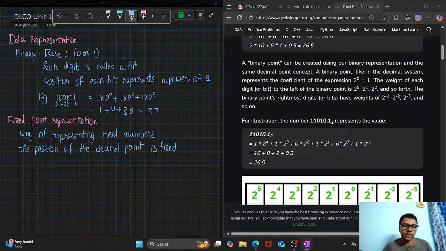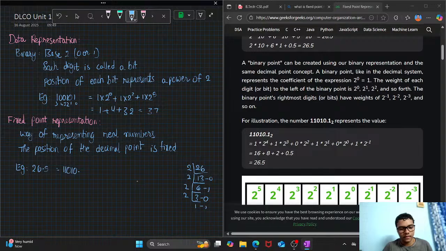Let's take an example: 26.5. How do you do this? We use the traditional way. I hope you have learned this in B.Tech. 26 divided by 2 is 13, remainder 0. 13 divided by 2 is 6, remainder 1. 6 divided by 2 is 3, remainder 0. 3 divided by 2 is 1, remainder 1. So 11010, yes, that's true. 11010 point, and this is 0.5 remaining.